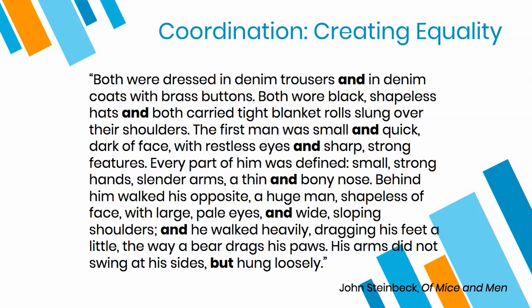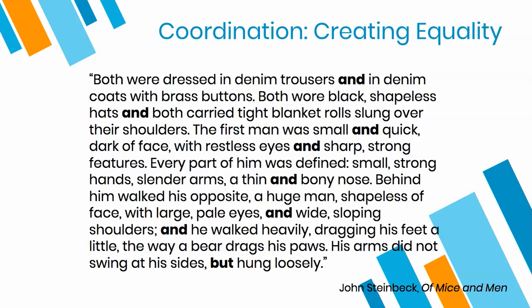Let's look at a slightly more complex example. This is a passage from early in the novel Of Mice and Men by John Steinbeck. Here Steinbeck is describing the main characters, George and Lennie, before we even know who they are. And he uses a substantial amount of coordinating conjunctions to do this.